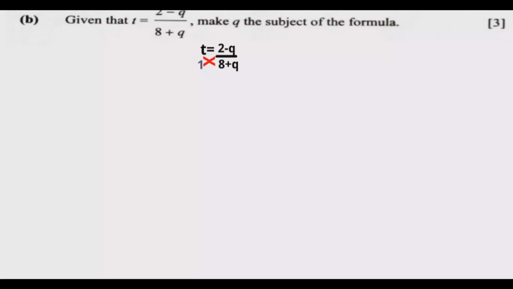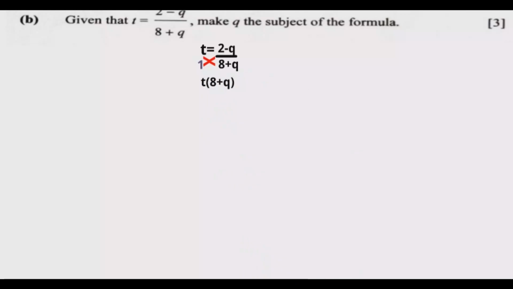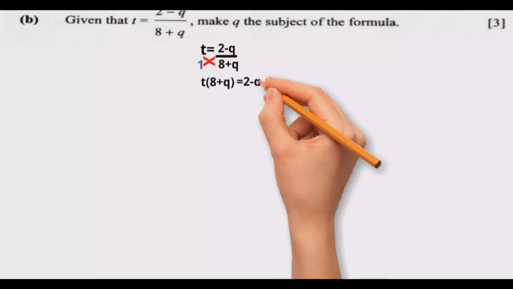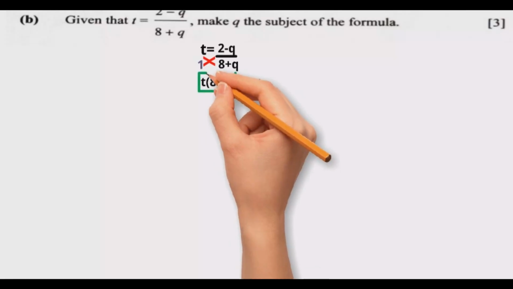So t multiplied by (8 plus q), just like that I've written the expression, is equal to 2 minus q multiplied by 1. So 2 minus q multiplied by 1 will give us 2 minus q. Okay, now once I've written that, the next thing I'm going to do is evaluate this expression which is in the bracket.